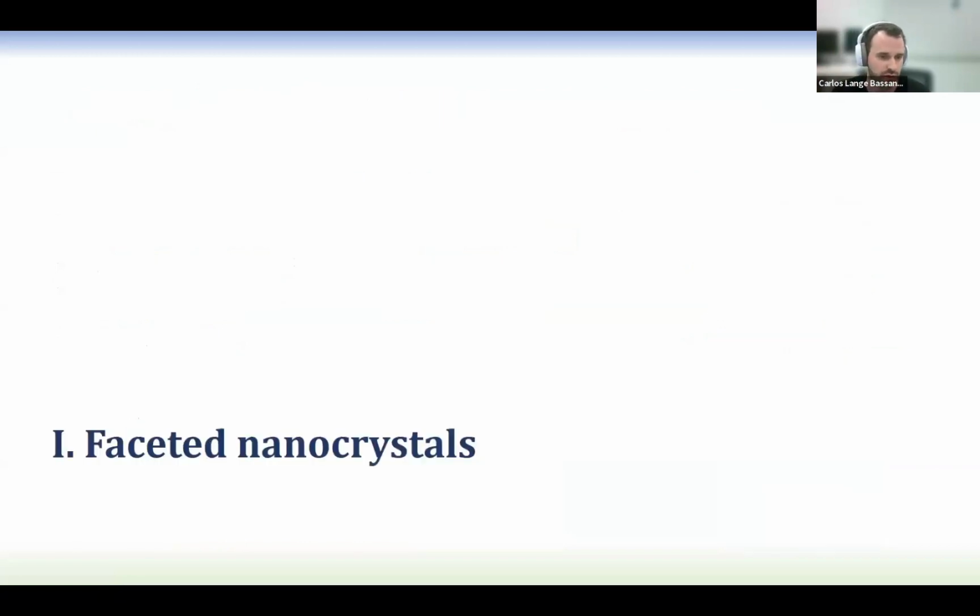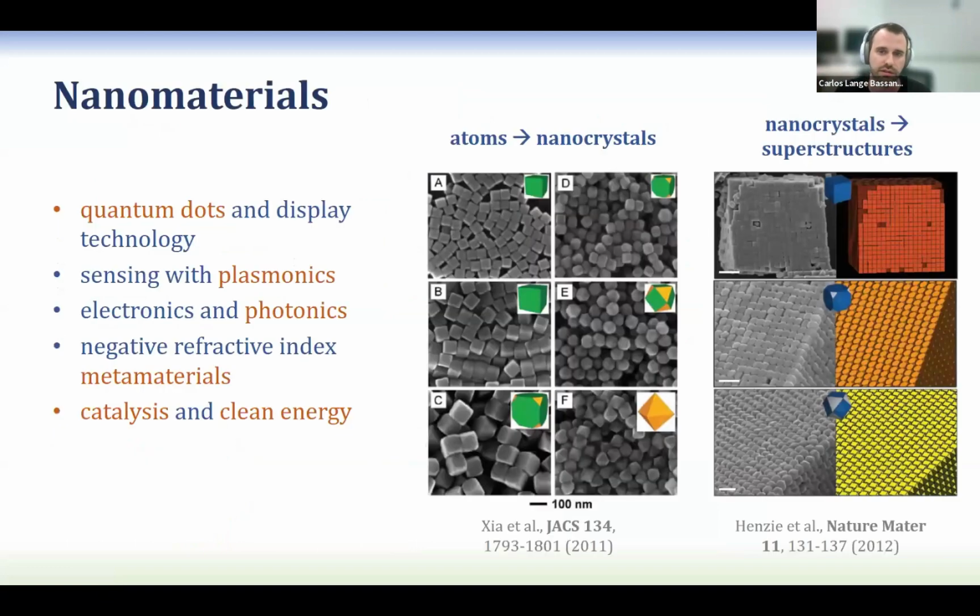So the first part of the talk: faceted nanocrystals, and the reason why nanomaterials, right? Over the past 20 to 30 years, we have learned how to synthesize atoms into nanocrystals, 50 nanometers to 100 nanometers in size, and we can form very precise and different shapes, right?